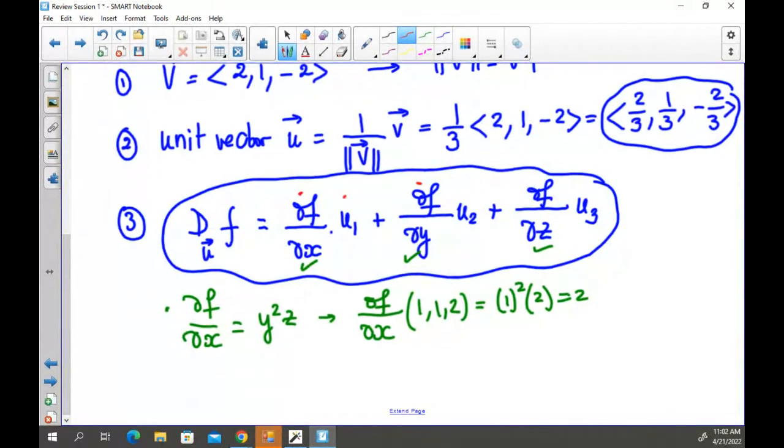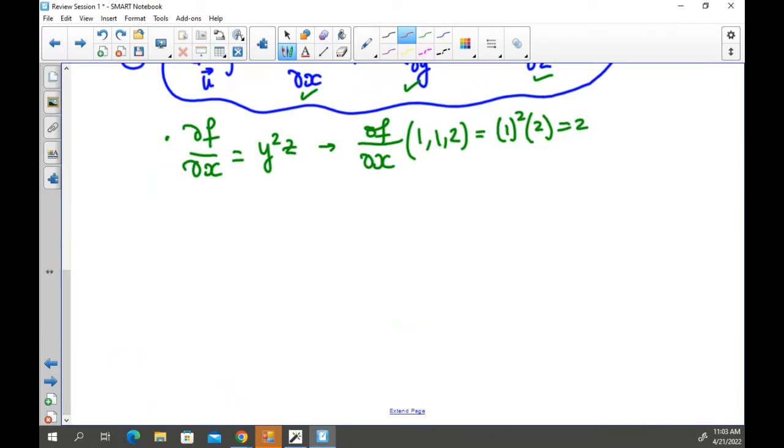1, 2, 3, 4, 5, 6. Already we have u1, u2, and u3. So you need to find df over dx. Now the second one, df over dy. What is df over dy?